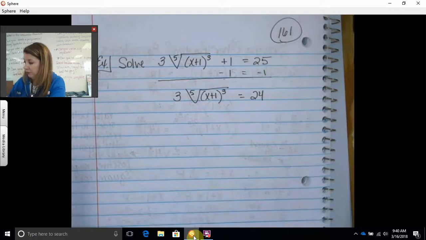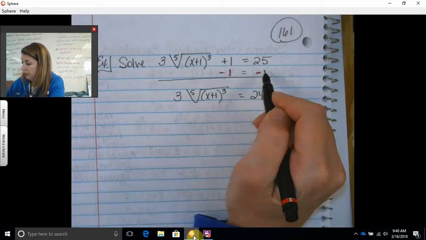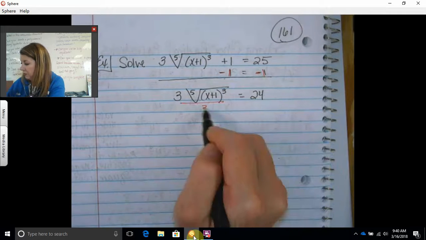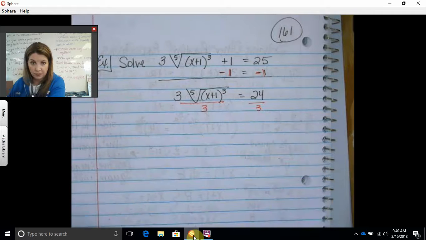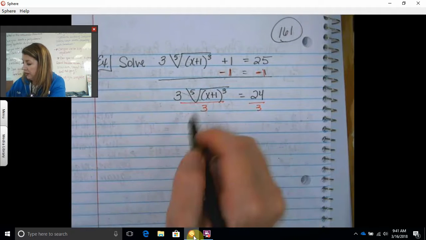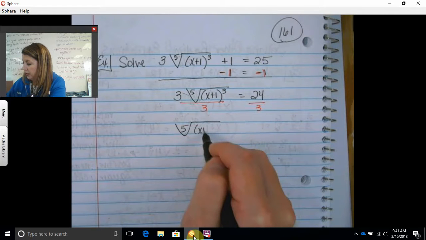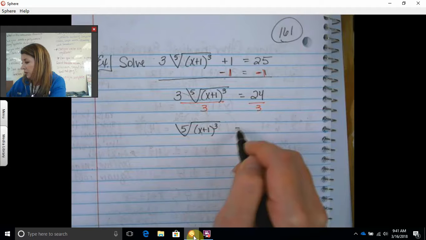Now what? We will divide by 3. Three divided by 3 is 1. So we have left the 5th root of x plus 1 quantity cubed equals 8.